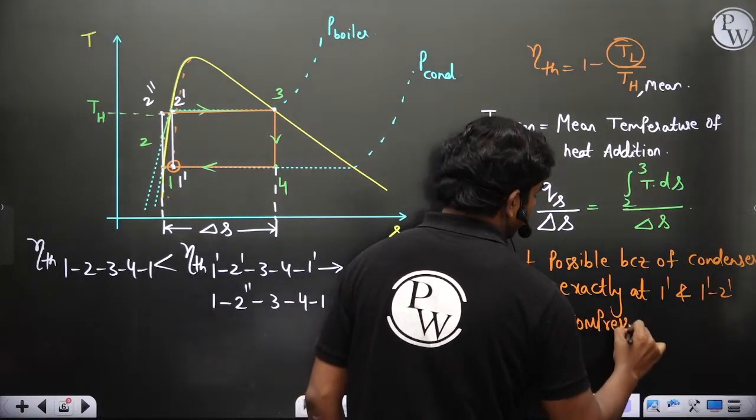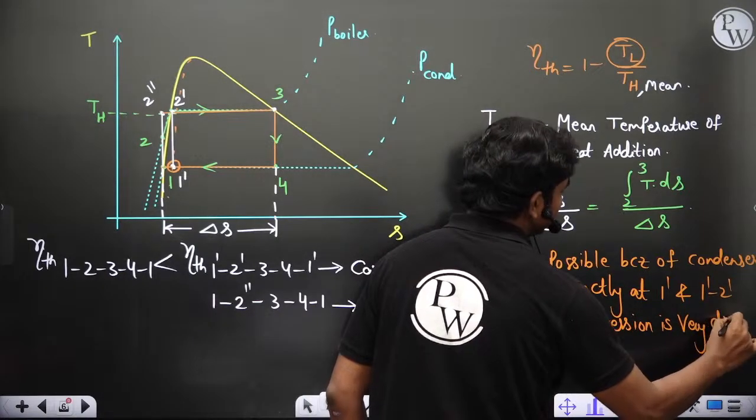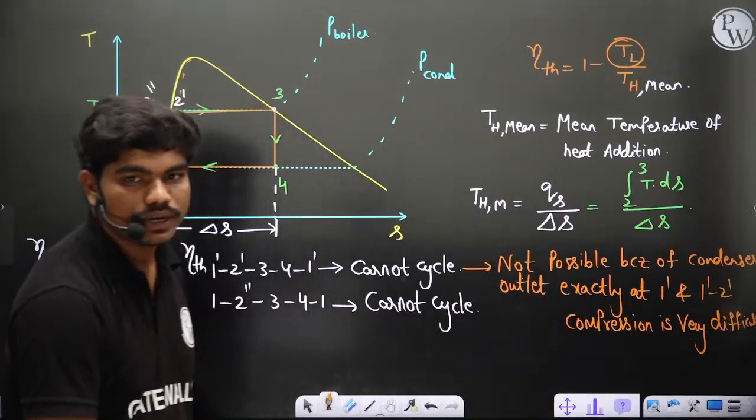So 1'-2' compression is very difficult, correct. So this is why you cannot do this.